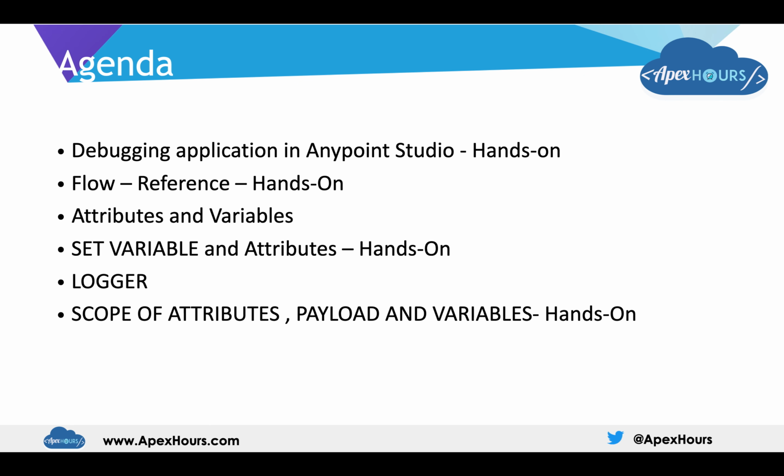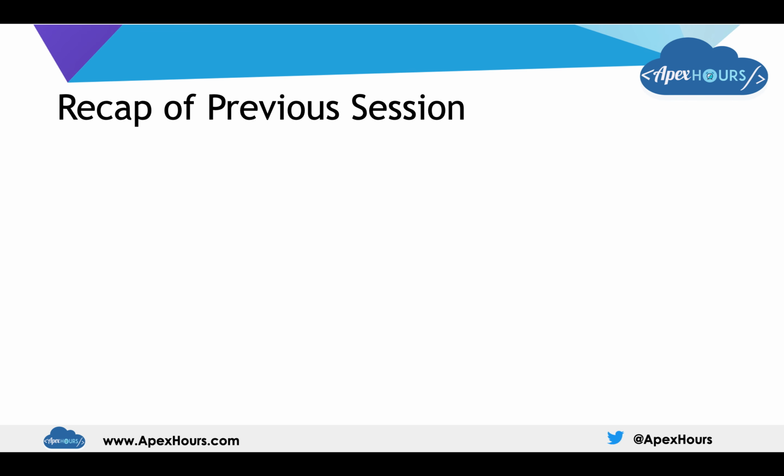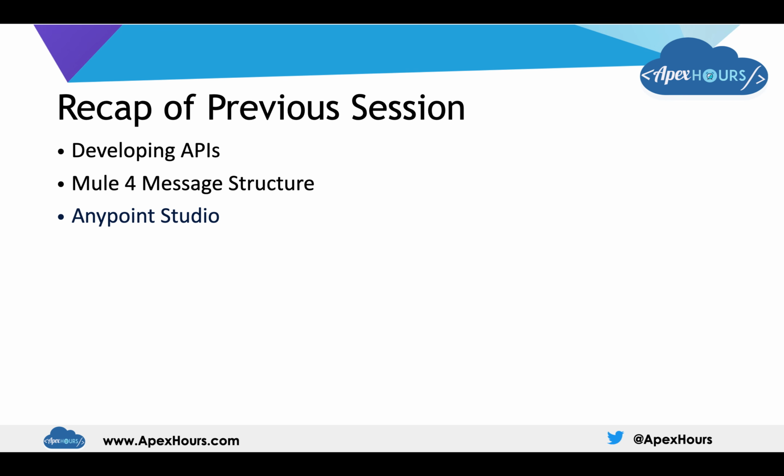All right, so just a quick recap of our previous session. We have covered quite a lot. We started developing APIs, and we discussed the Mule 4 message structure, that is the Mule event and Mule message. A Mule message consists of payload and attributes, and we have variables and error information.